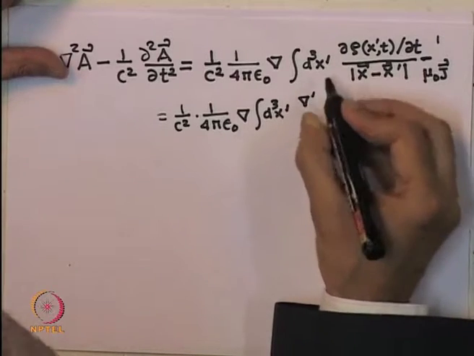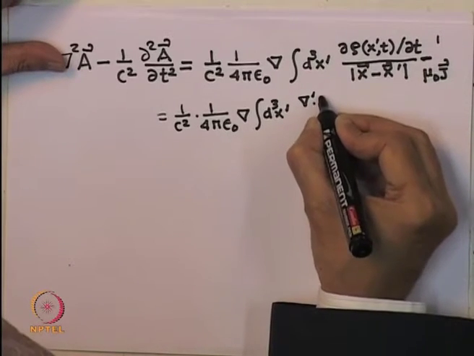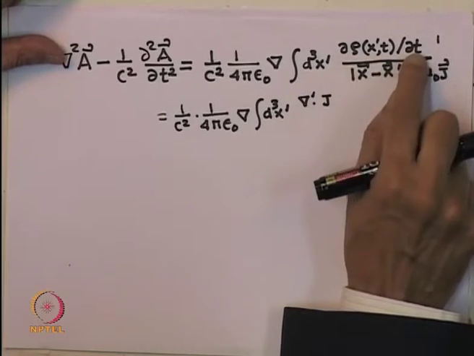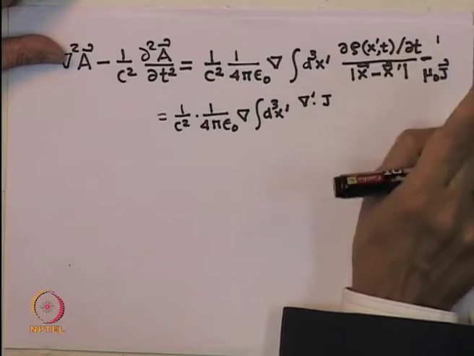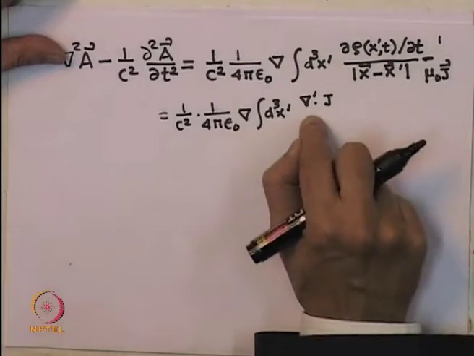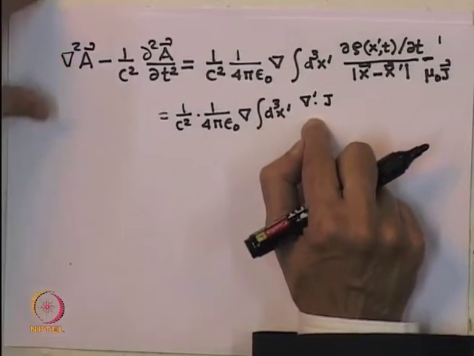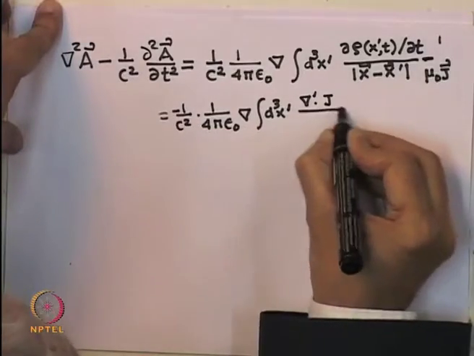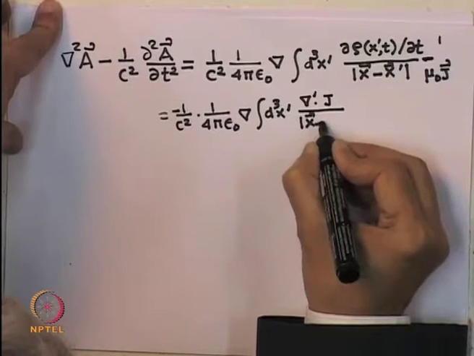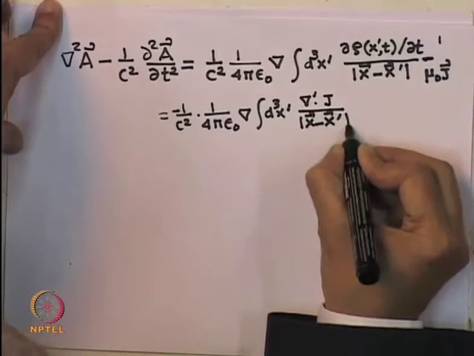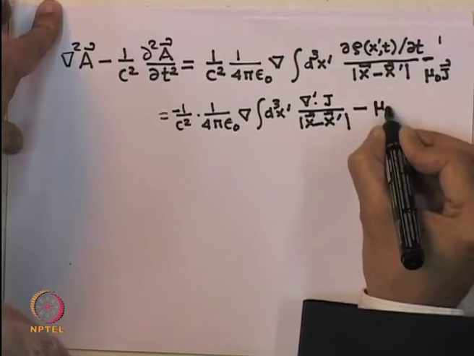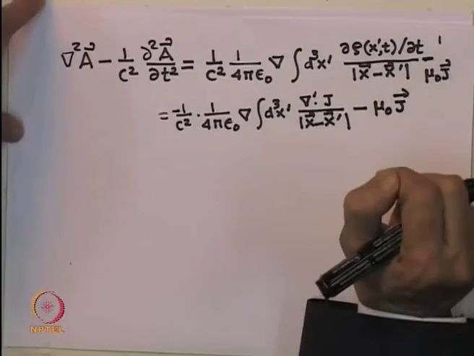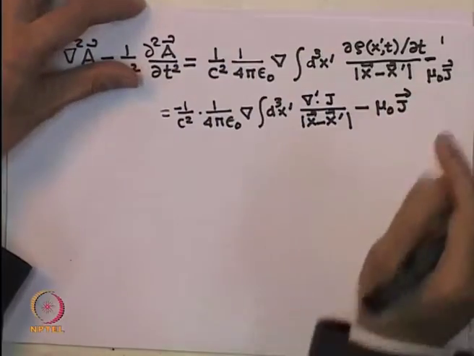So, del prime of del prime dot j, this I am writing down from the continuity equation: d rho by dt, actually I need a minus sign there. So, d rho by dt is minus del dot j divided by x minus x prime. This is simply using the continuity relationship between the current and the d rho by dt.